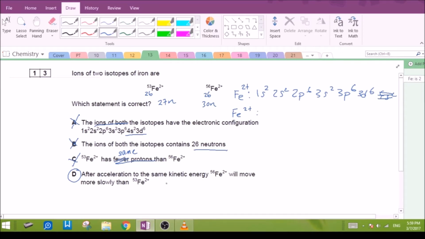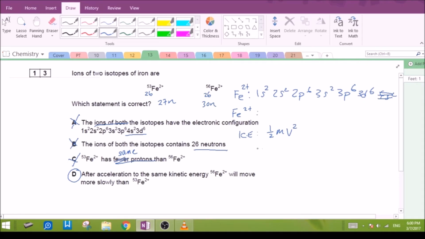Fe56 will move more slowly than Fe53. So let's see why this is true. The kinetic energy is actually half multiplied by the mass multiplied by the square of the velocity.